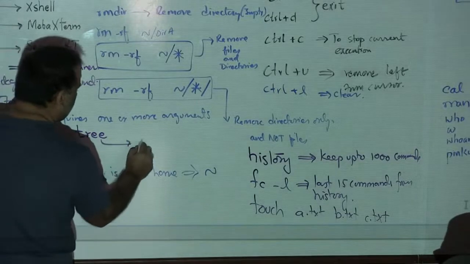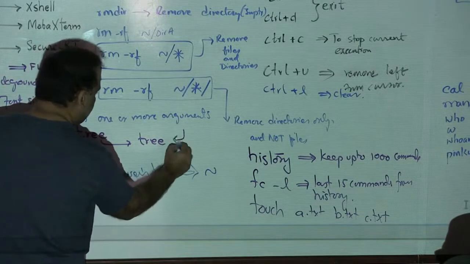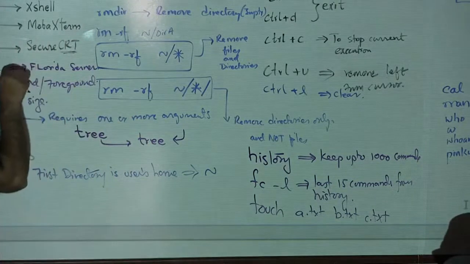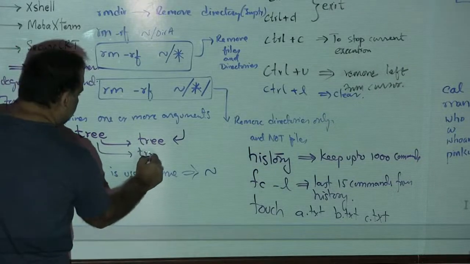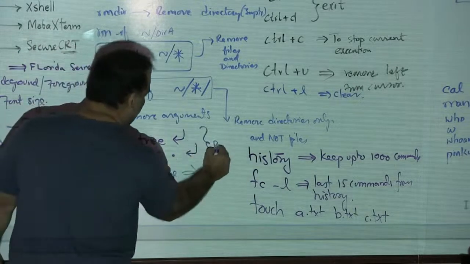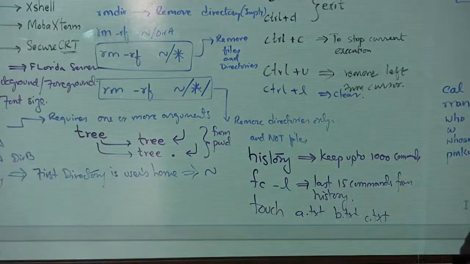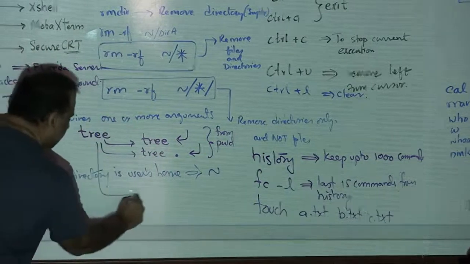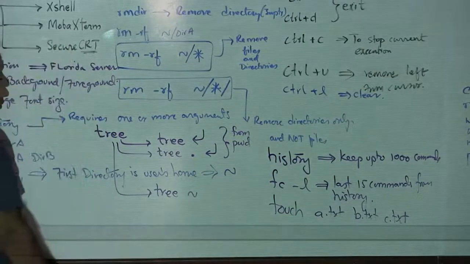Some of the examples are tree: if you just hit enter, that means you are asking it to give from the current present working directory. You can also type tree dot. Dot also means the present working directory. So show me the tree from the present working directory. Then you can also say tree tilde, from the home.